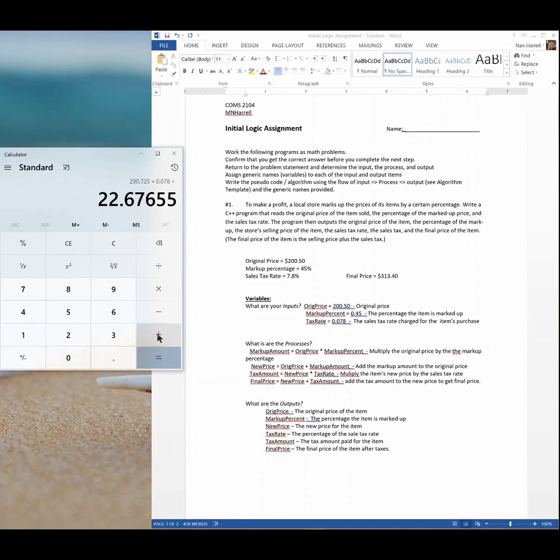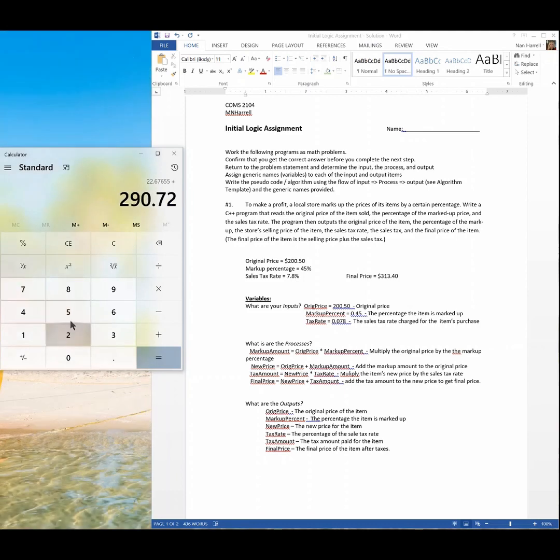So I want to add it to what our marked up amount was, which was $290.725, and that will give us $313.40. When we round at the end, this is what we get. So yes, our math is good. Our logic is good. We know the answer, and they match.